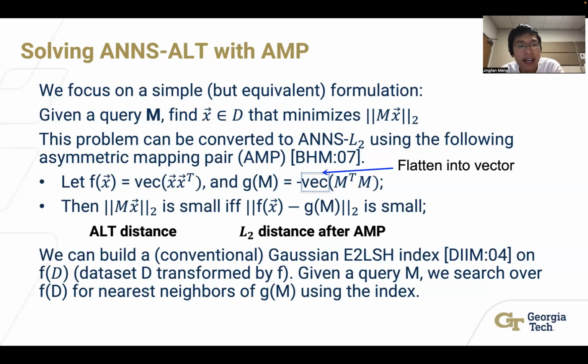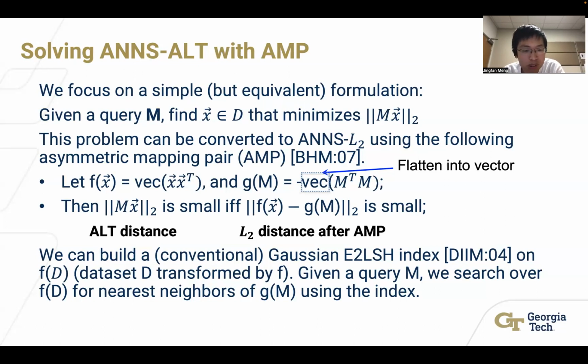Given a data X, the mapping of this data, called Fx, is: you first multiply this X, a column vector, by its transpose, so you get a D by D matrix. And then you flatten this matrix into a vector. The mapping of the query M is similar but different. You multiply M transpose by M, flatten it, and you add a minus sign to it.